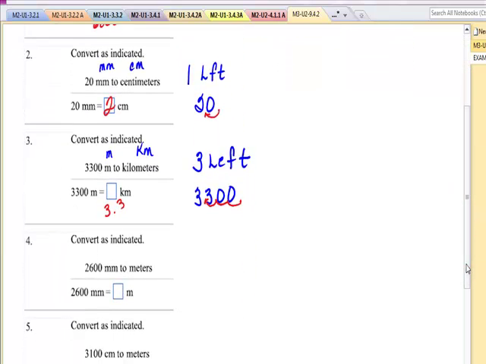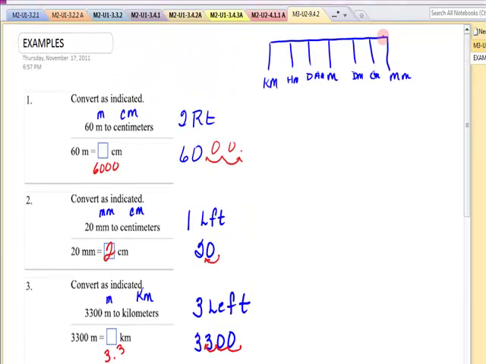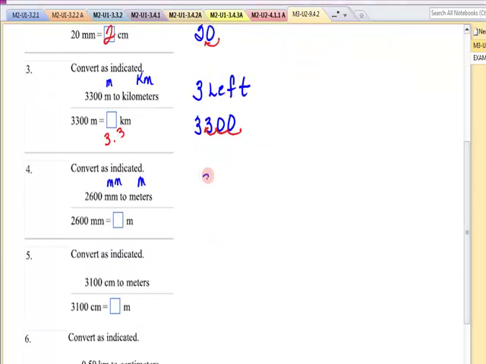All right, next one is millimeters to meters. Okay, looking back up here. Millimeters to meters is 1, 2, 3 to the left.